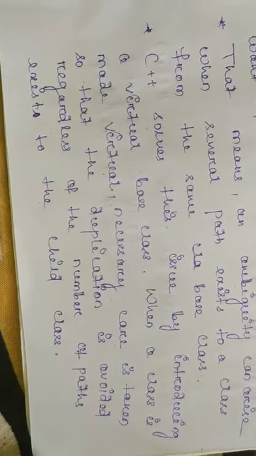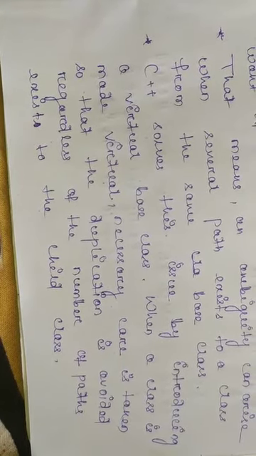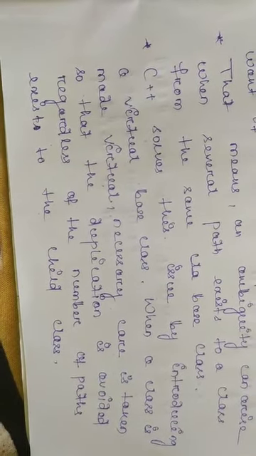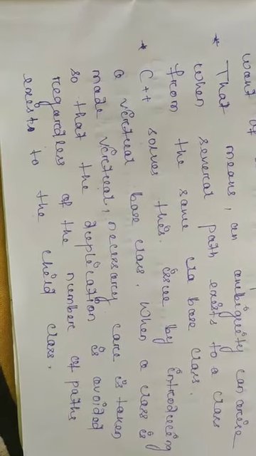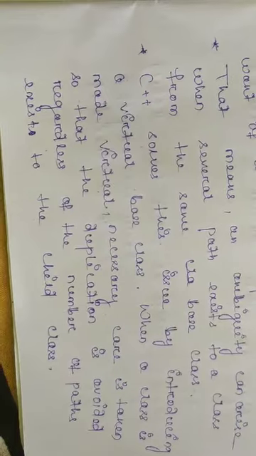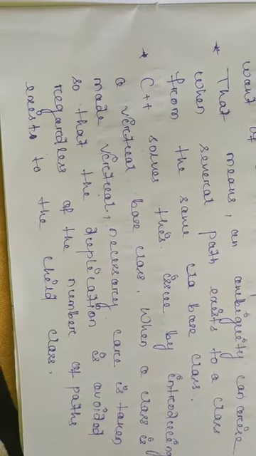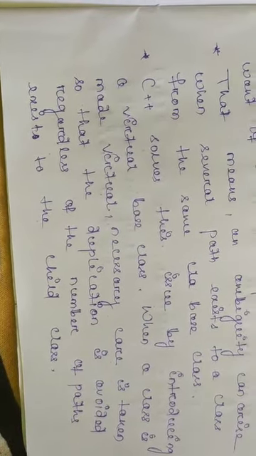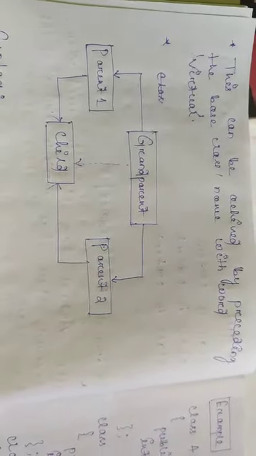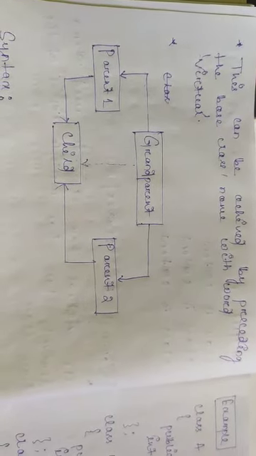So when we use the virtual keyword with the base class, then only one copy of the instances of that base class will be inherited to the derived class. This can be achieved by preceding the base class name with the word virtual.